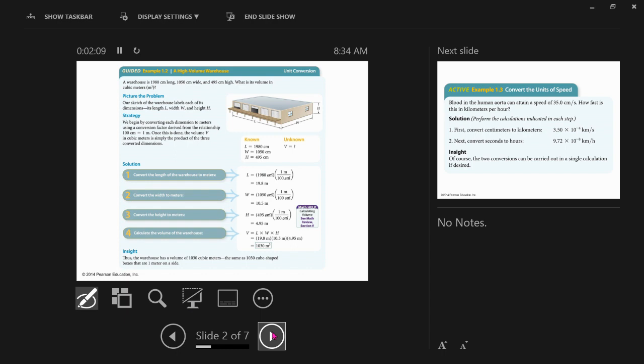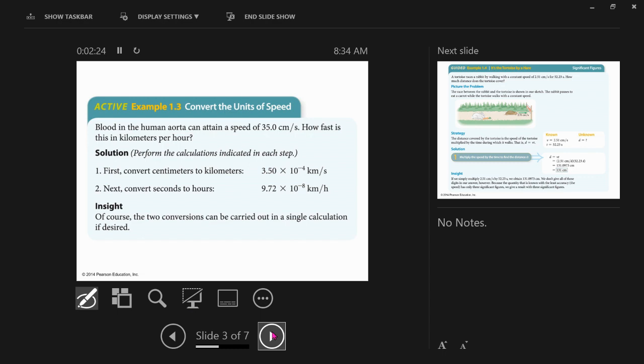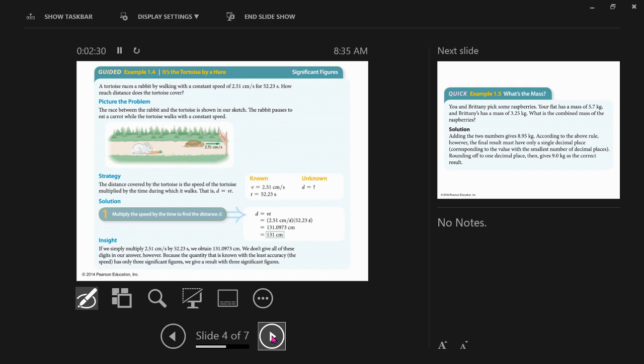So you're going to do your unit conversions, which they did over here. Once you get the units correctly, you'll multiply all 3 of those together to get your volume. That shouldn't be too big a deal, and we did that yesterday too. Moving on. Okay, so let's take a look at significant figures here.